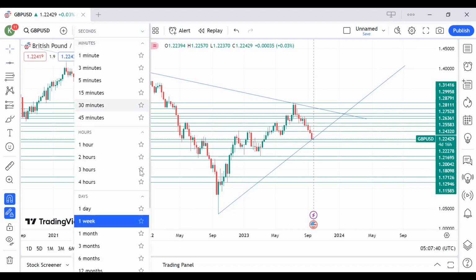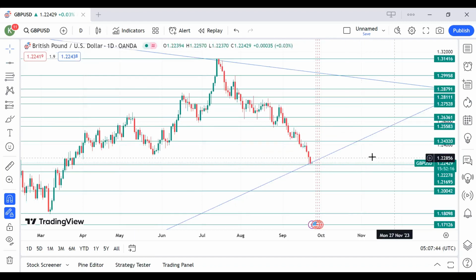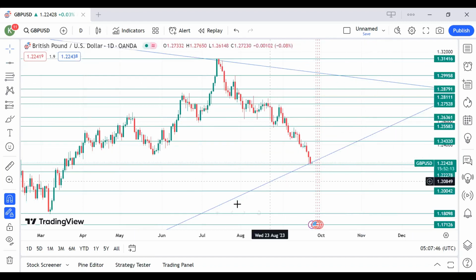So this is basically the two things we do from the 1 week time frame, and from then we move straight to the 24 hours time frame, or the 1 day time frame. You will notice that the 24 hours time frame is more like zooming in to the more detailed part of the 1 week time frame.